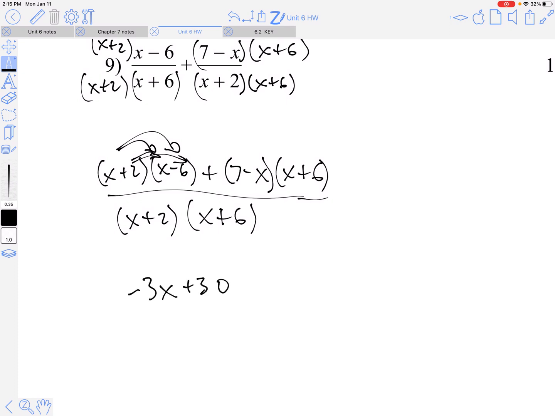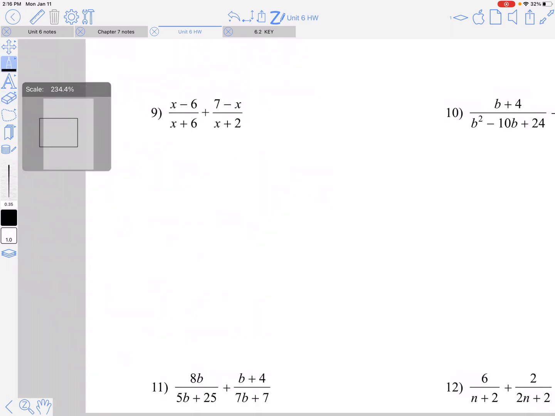So multiply those out, combine like terms. And I can factor that negative 3x plus 30, but it'll just be x minus 10, which is nothing on the denominator. So I'm not going to rewrite that in factored form because it won't do any good.